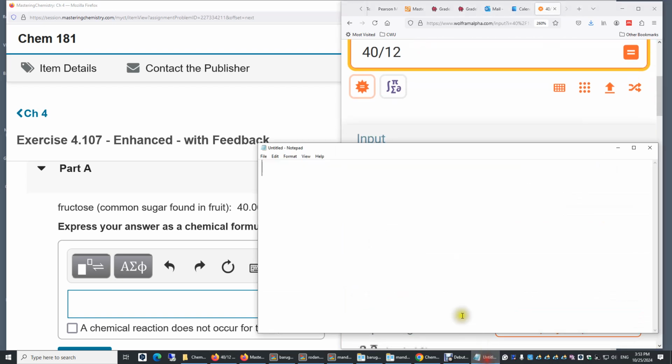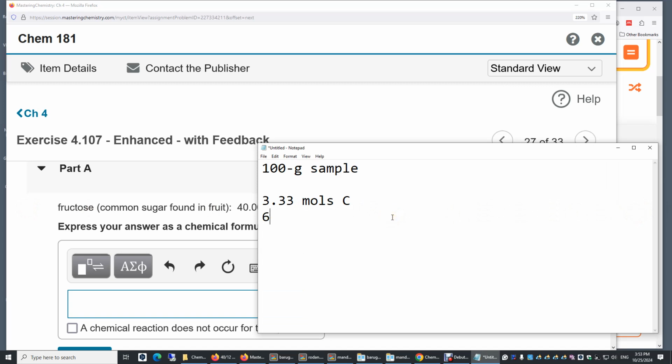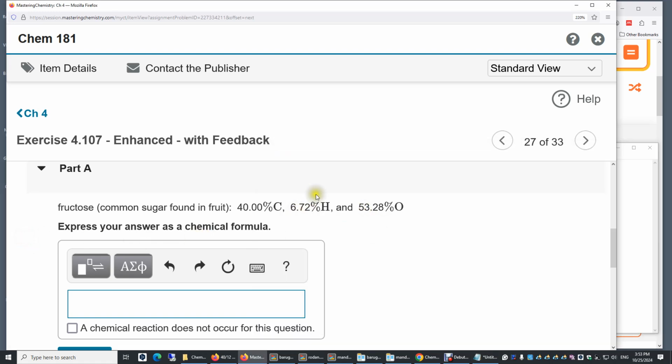3.33. So I'm going to just write down, assuming a 100 gram sample, we have 3.33 moles of carbon. Hydrogen, 6.72 moles of hydrogen, or maybe 6.7 moles roughly, because the molar mass of hydrogen is roughly 1.